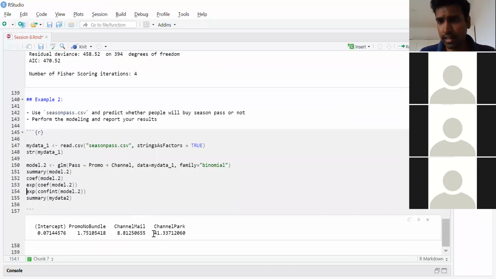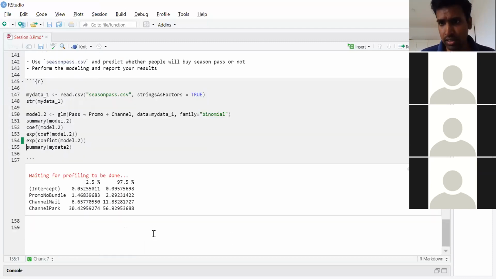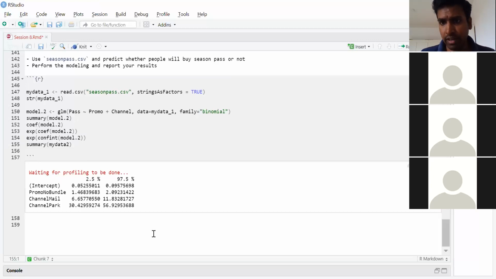The channel park has a kind of 41 times impact on the probability of renewing the season pass or not, right? That should vary. Not everybody is going to go for the season pass, but there will always be variations in the way that people are going to have an impact. So the variation can be captured with the confidence interval. Confidence interval is how this impact can vary, and it can vary from 30 to 56.